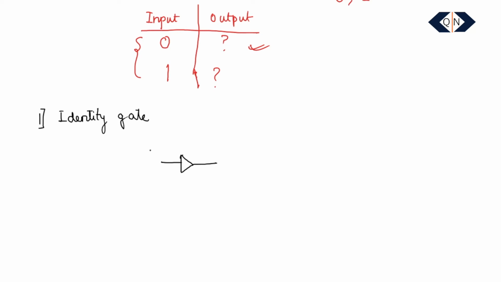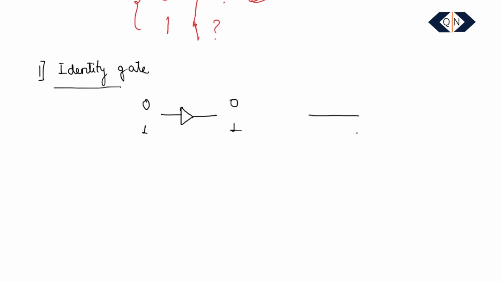Suppose I feed an input of 0, I will get an output of 0. Suppose I feed an input of 1, I will get an output of 1. Sometimes this identity gate is also represented by this long line, which basically means we are short circuiting, getting the same information. This is input, this is output.